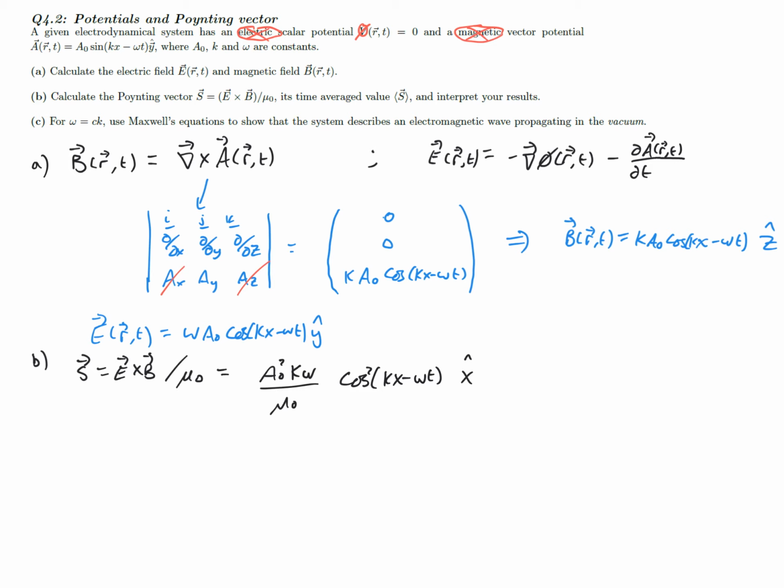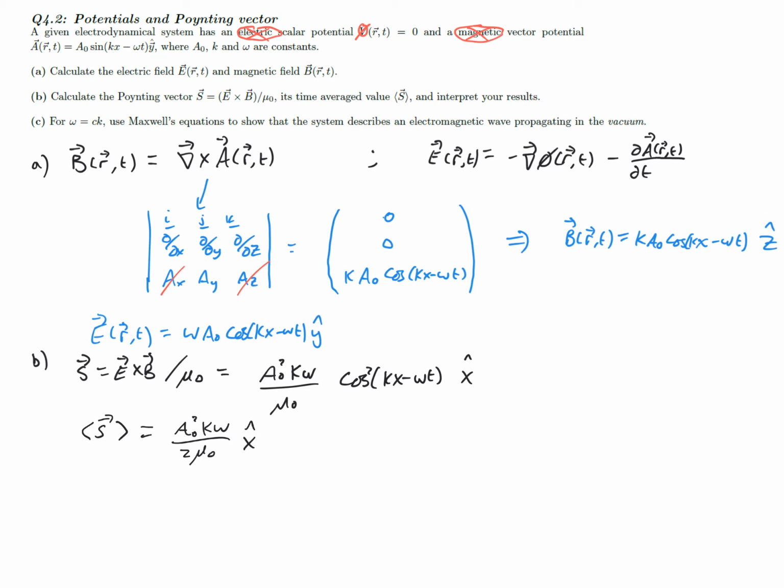And so it's extremely simple to work out the time averaged value, denoted by these angle brackets, which is just going to be A naught squared k omega upon 2 mu naught. Although this is an averaged value, it's an averaged value of a vector, so it still has a direction, and it's still pointing in the x hat direction.